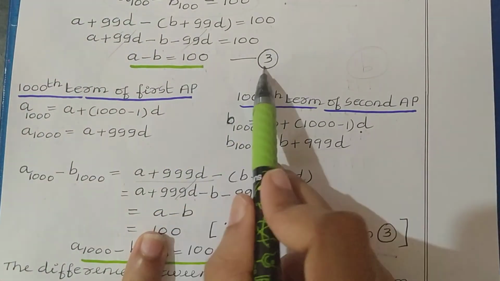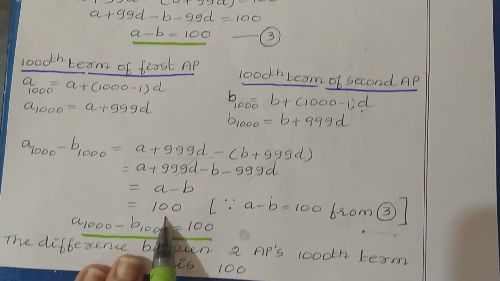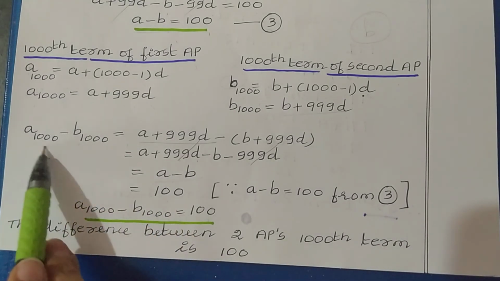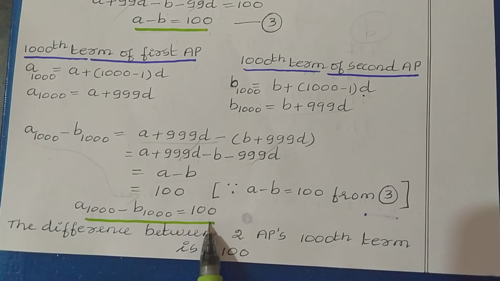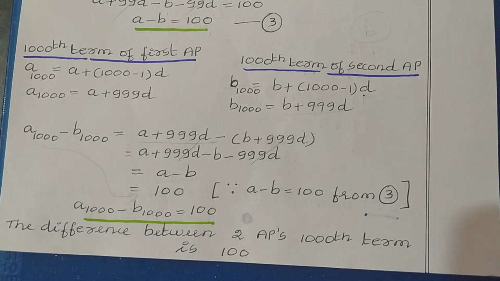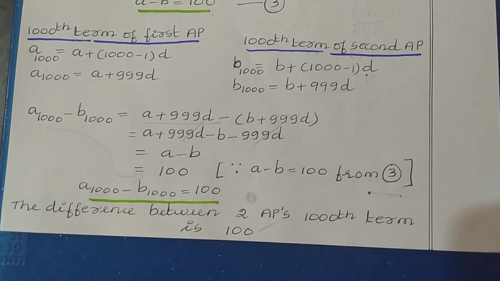But from equation 3 we know that a minus b is equal to 100. So in this place I am writing 100. That means a1000 minus b1000 is equal to 100. That is, the difference between the 1000th terms of the two arithmetic progressions is 100. This is the final answer.